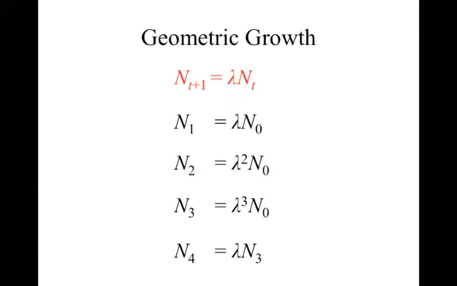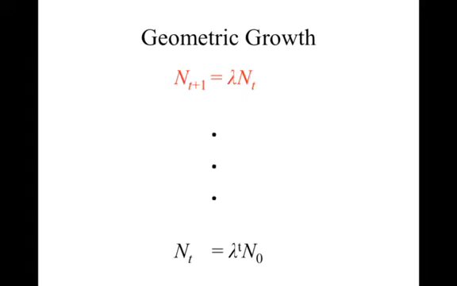And so to go from the number in year 0 directly to the number in year 3, I just have to multiply it by lambda to the power 3. And then to go to year 4, I can take that equation for the number in year 3, plug it in, simplify, and I basically go from the number in year 0 to the number in year 4 by multiplying the number in year 0 by lambda to the power 4. And so I can keep going like that.